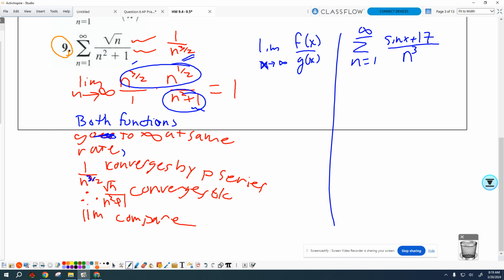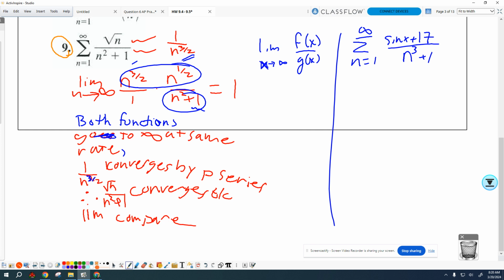Because where's the limit of that going? That sine x up top, if I try to do limit comparison, one function over the other, the sine doesn't resolve itself.